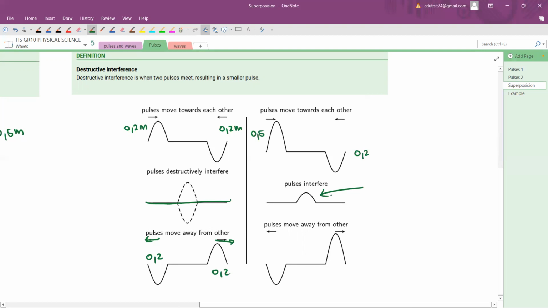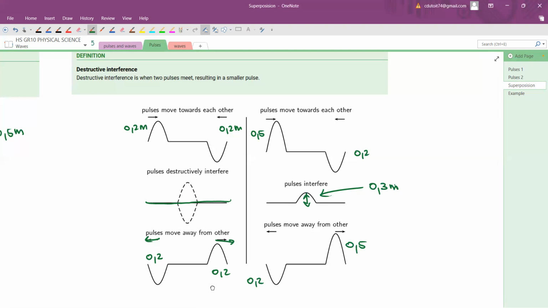Or the amplitude? Would it be 0.3? Yeah, 0.3 meter. And then afterwards, once they pass one another, this one will be 0.5 again, and this one will be 0.2. So that 0.3 is called the amplitude of this pulse that's interfered. This is not difficult. Would you agree? Yes. Easy peasy. Okay, good.